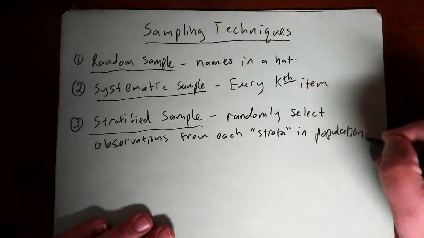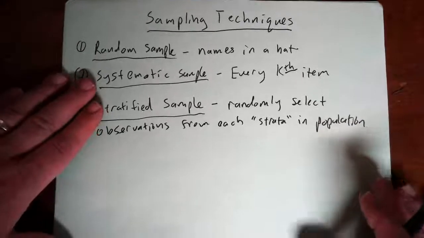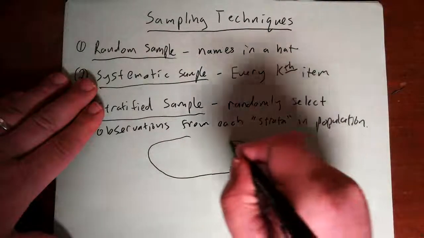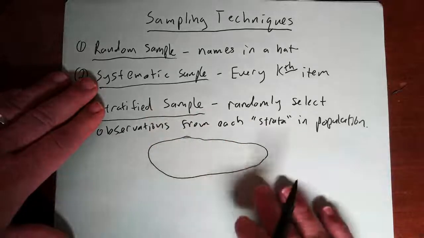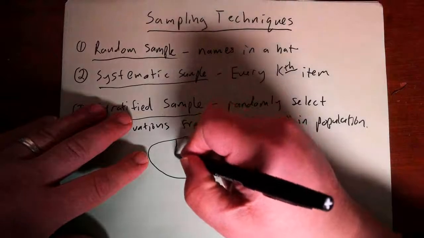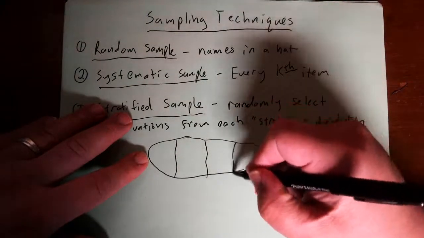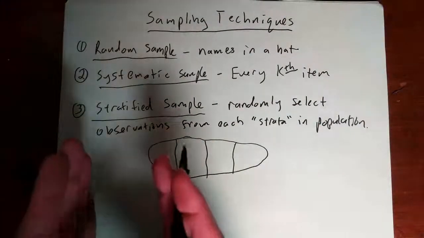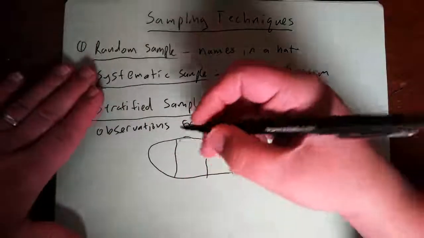So let me give you an example to show you what I mean. Suppose a researcher is studying self-esteem in high school populations. Well, let's say this is the population of all high school students. Well, there's strata here, because let's say they want to study their self-esteem as they progress through high school.